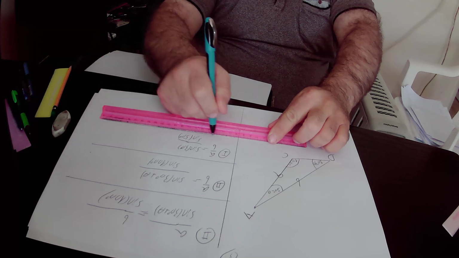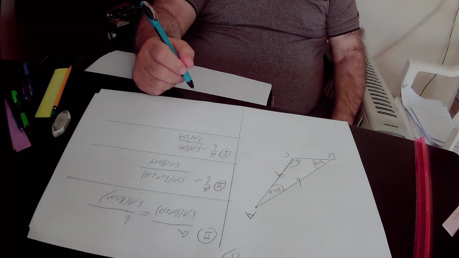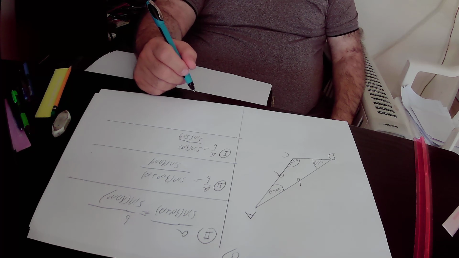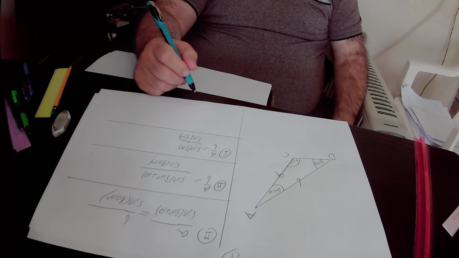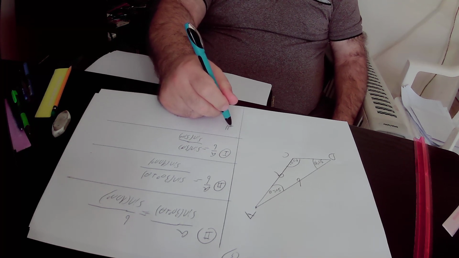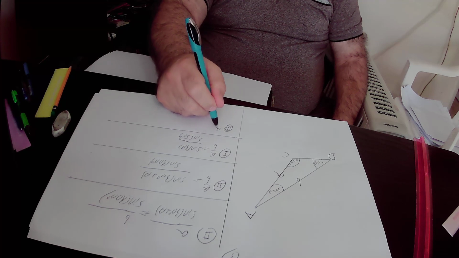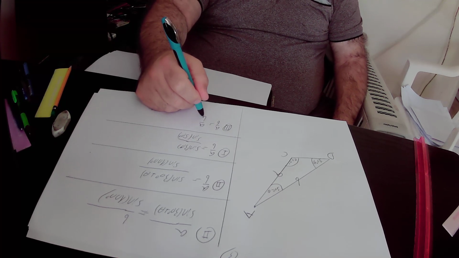So we actually have two different expressions for A over B. Therefore, we will create equation number 3 that states that A over B according to equation number 1 must be equal to A over B according to equation number 2.